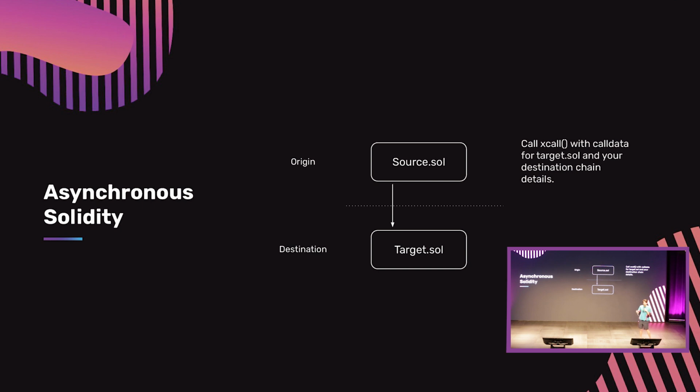xcall introduces the same core concept to Solidity. So instead of calling a contract on the same chain, you xcall a contract on a different chain. You pass whatever function params you want to this other environment. The target contract on the destination chain can then execute some function associated with the data that you've passed it.